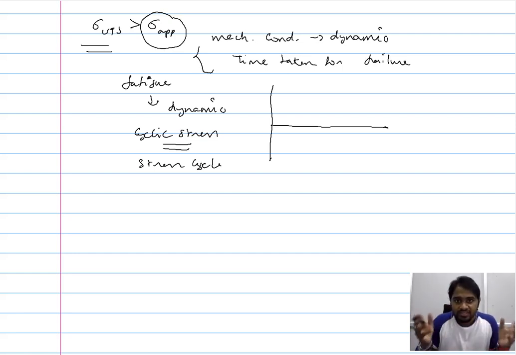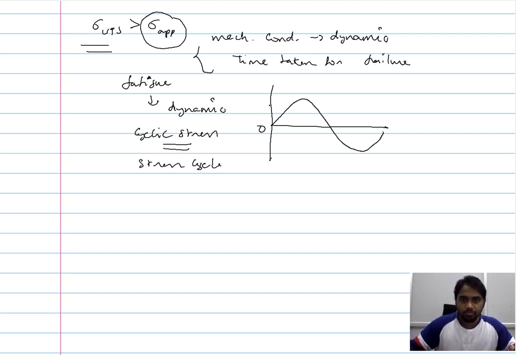So what a stress cycle means is, a simplest example is something like this, wherein this is 0 and this is the tensile stress, and in the negative region is the compressive stress. So you have a periodic combination of tensile and compressive stress, and this we refer to as the reversed stress cycle.